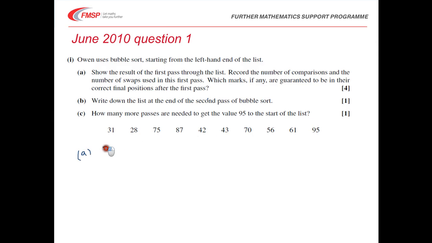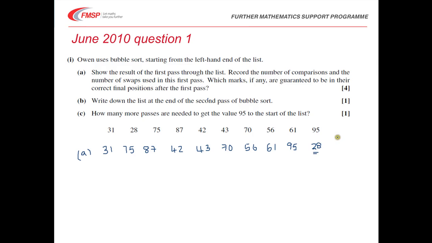So notice the 31 stayed where it was, but now the 75 will be next, and then the 87, and then the 42, the 43, the 70, the 56, the 61, the 95, and the 28 now will have gone to the end.